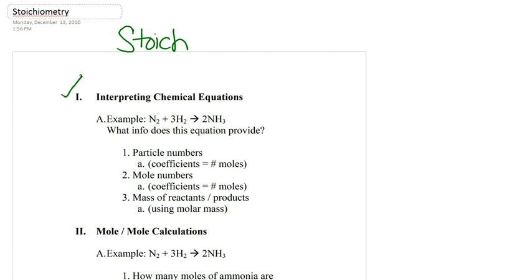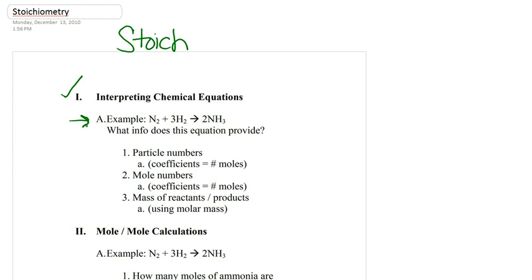Here's an example. The example given here is N2 plus 3H2 forming 2NH3. Now, that's what most people might see when they look at it. But for me, when I look at it, this is how I refer to it. I see it as more of like a recipe.